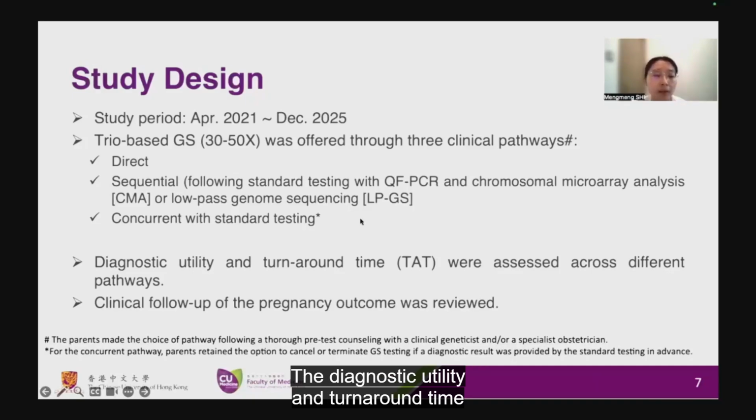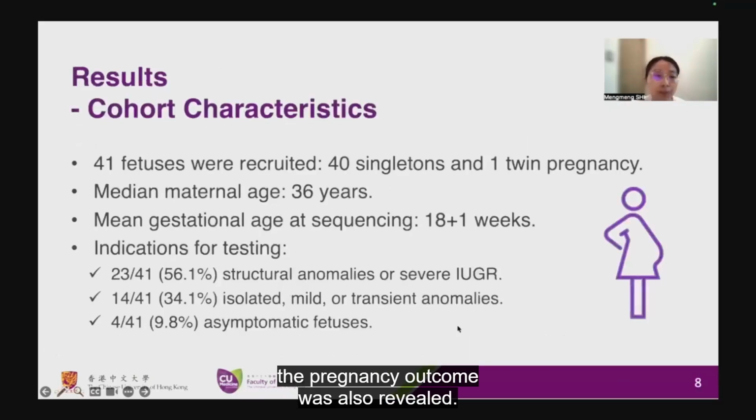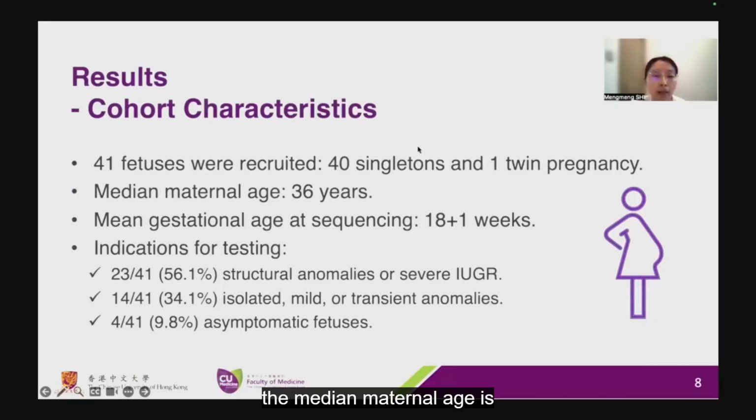The diagnostic utility and turnaround time were assessed across the different pathways, and the clinical follow-up of the pregnancy outcome was also reviewed. In total, 41 fetuses were recruited, the median maternal age is 36 years, and the mean gestational age is 18 weeks.